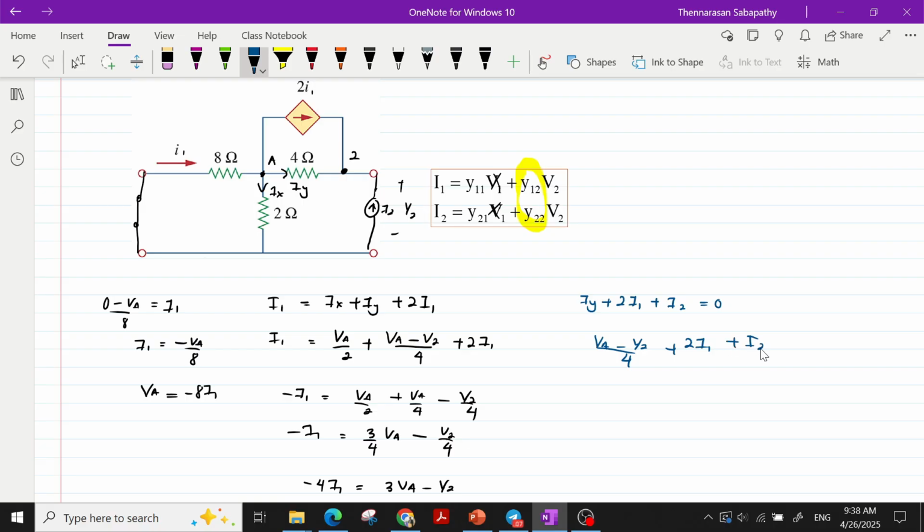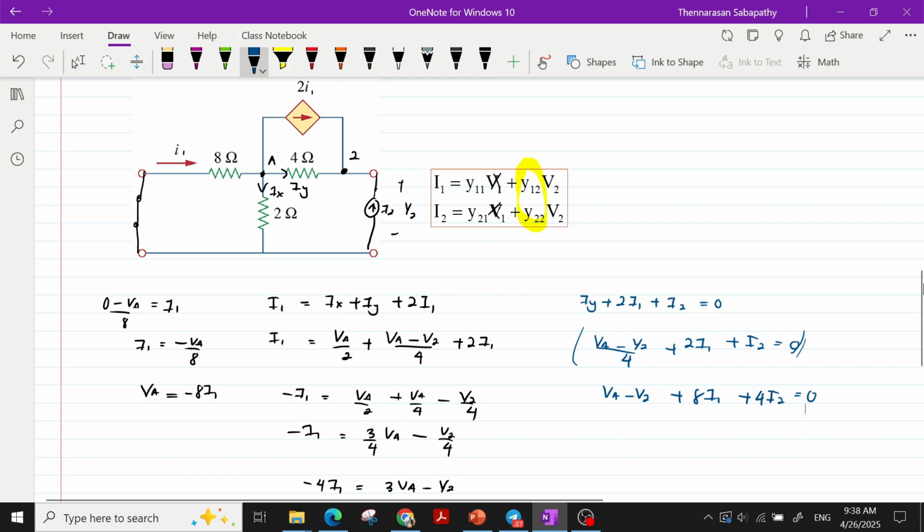and I2 I have to keep, because we will use everything in terms of I2 later. So I don't want to have the VA same as before. Okay, but before that I just want to multiply with 4 because I don't want to see the 4 at the bottom. So VA minus V2 plus 8I1 plus 4I2 equals 0.